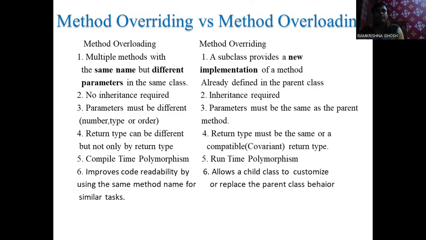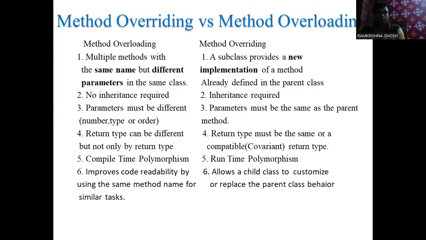Method overloading, parameters must be different: number, type or order. In method overriding, parameters must be the same or covariant. Parameters must be the same as the parent method. In method overloading, return type can be different, but it does not depend only on return type alone, you know.